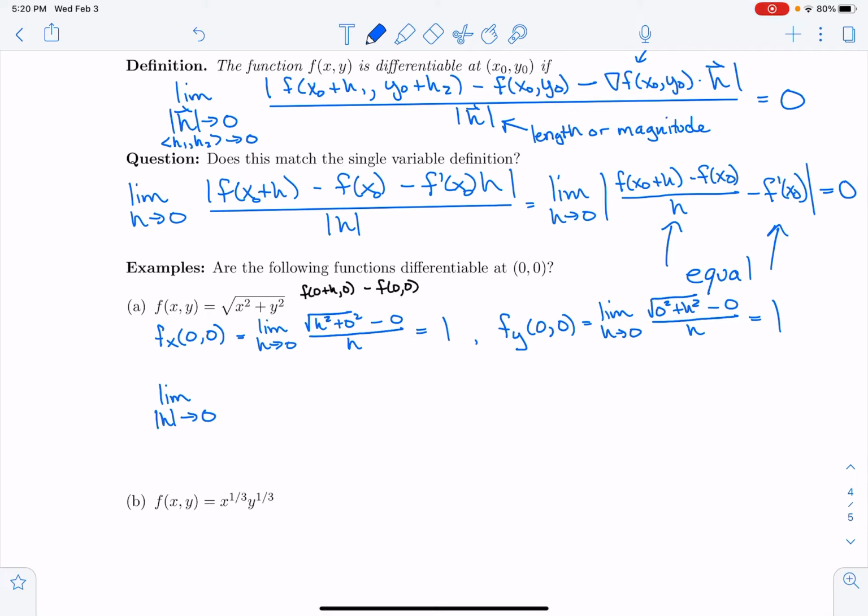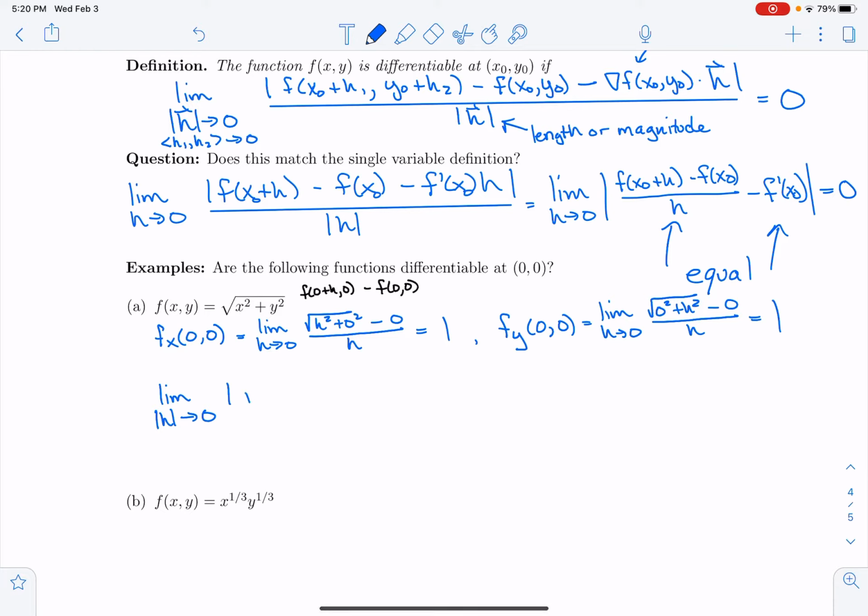So we're going to take the limit as the absolute value of h goes to 0 of f of 0 plus h, 0 plus h, so f of h, h.